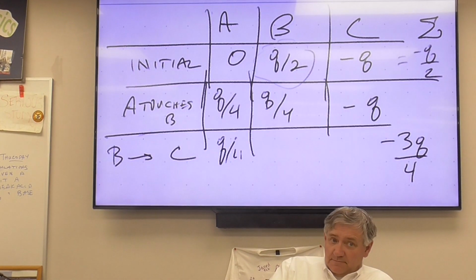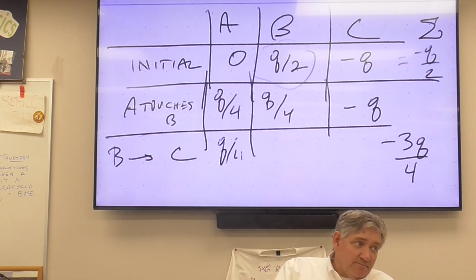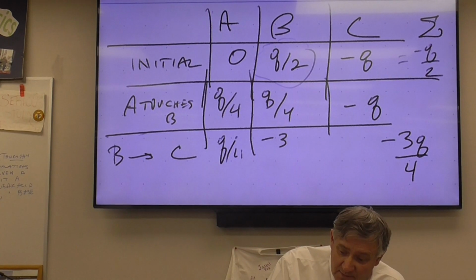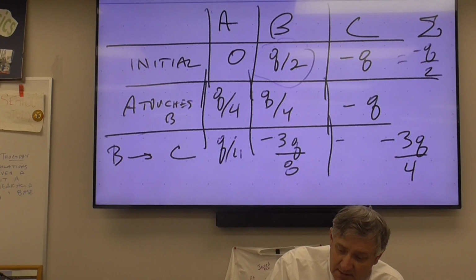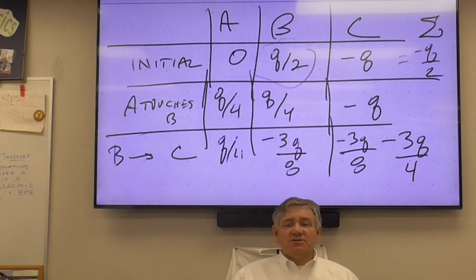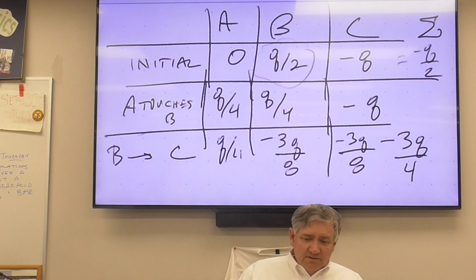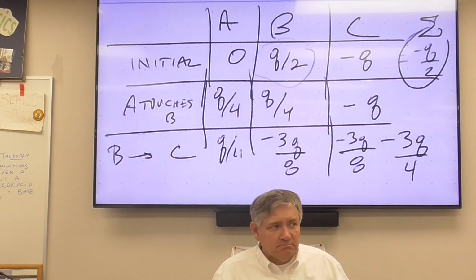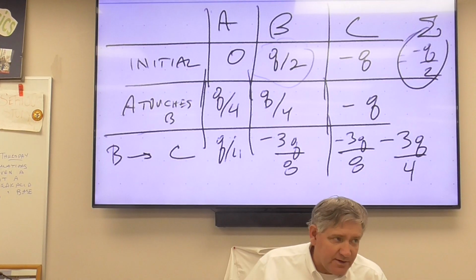Then I can divide that by 2, which becomes negative 3Q over 8. Now, how can you check that this answer is right? Add them all together, see if it adds up to negative Q over 2. If it does, odds are you did it right. If it doesn't, you know that it's a train wreck.